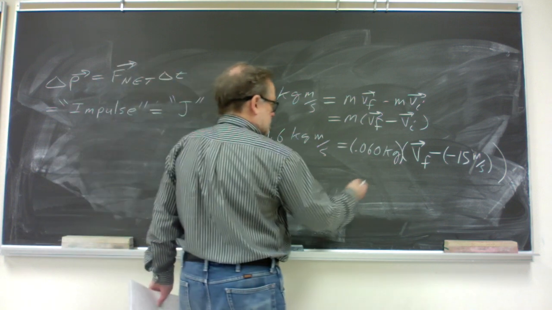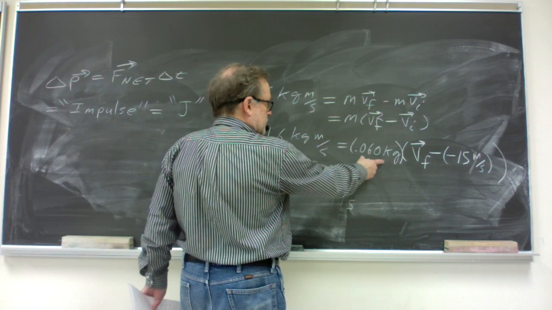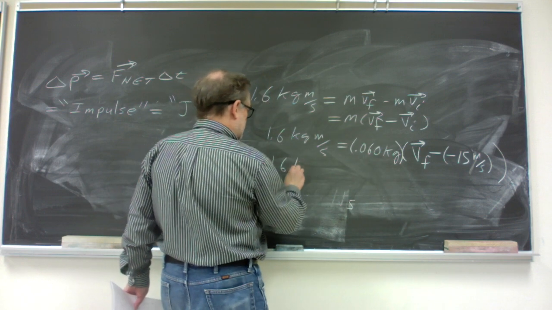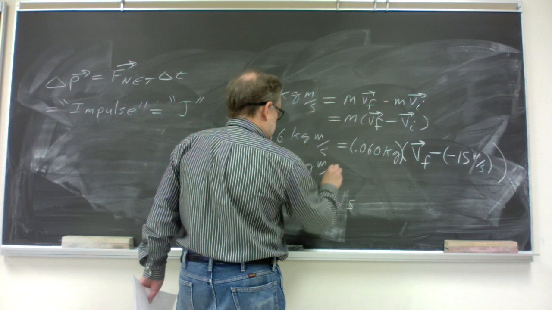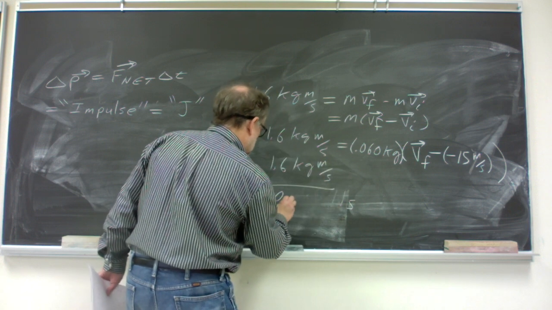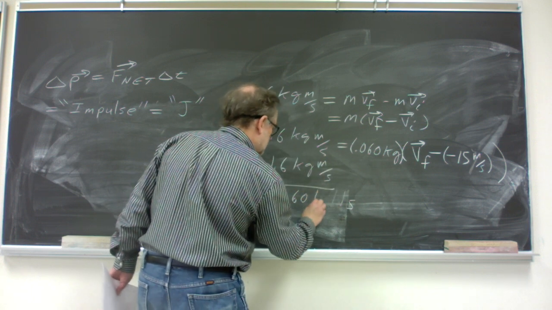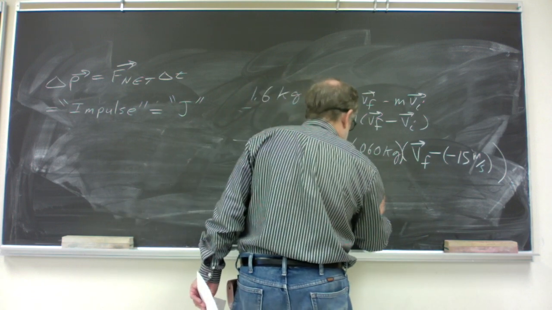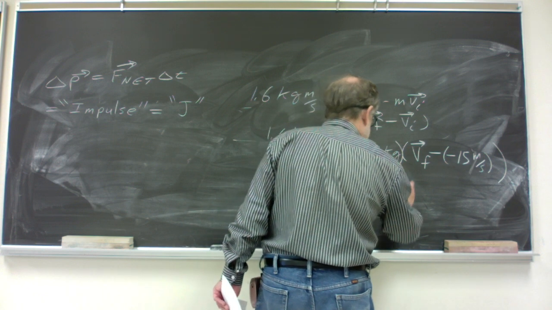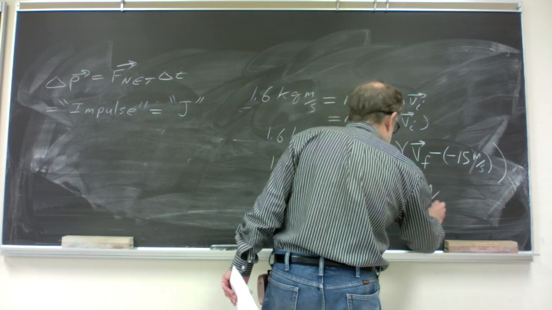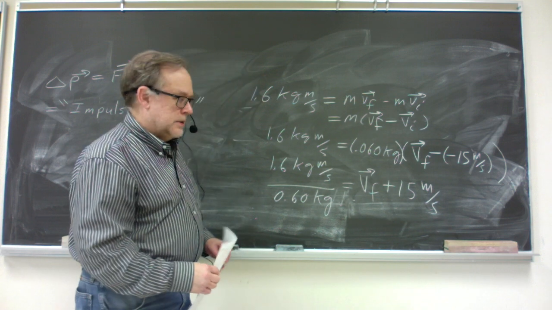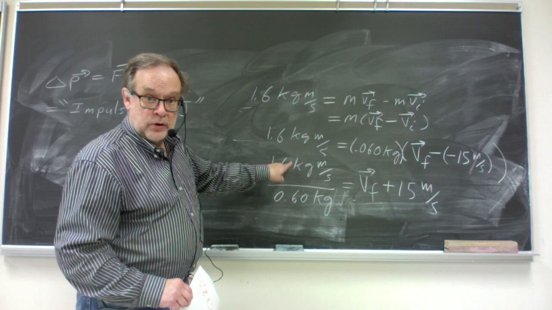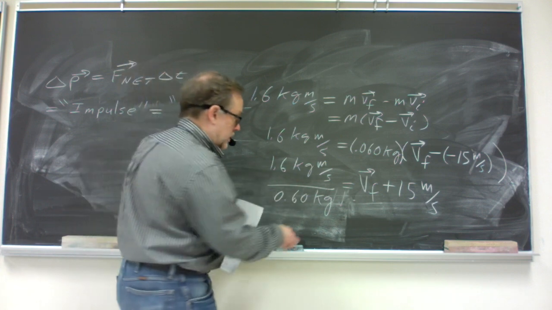And then solving for V final, first divide both sides of the equation by 0.060, and you got 1.6 kilogram meters per second divided by 0.060 kilograms equals V final plus 15 meters per second. And notice when you treat unit labels just as if they were algebraic variables, this kilograms cancels out this kilograms.